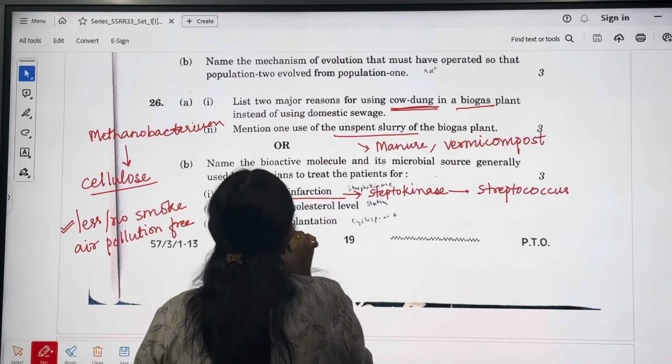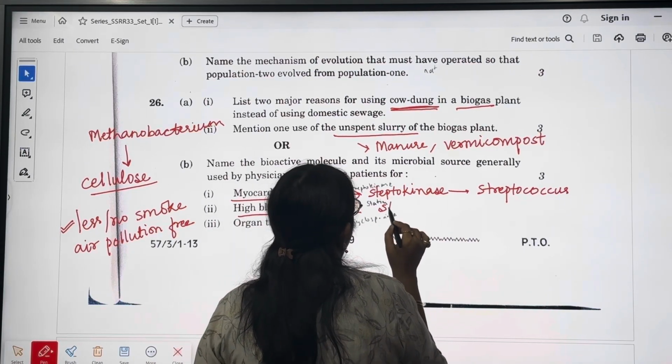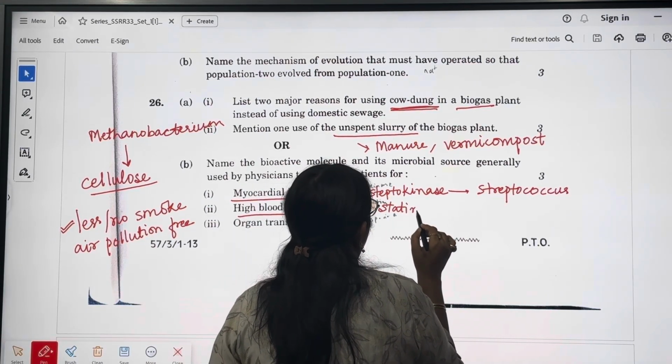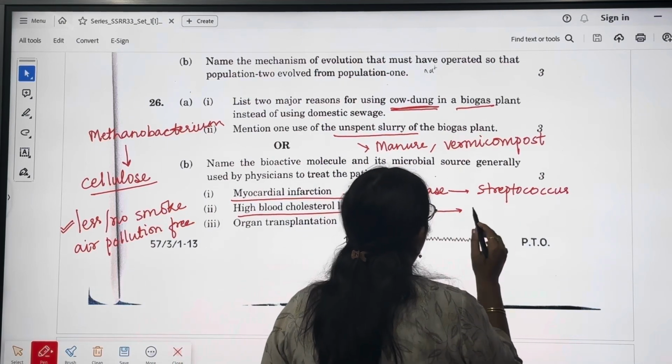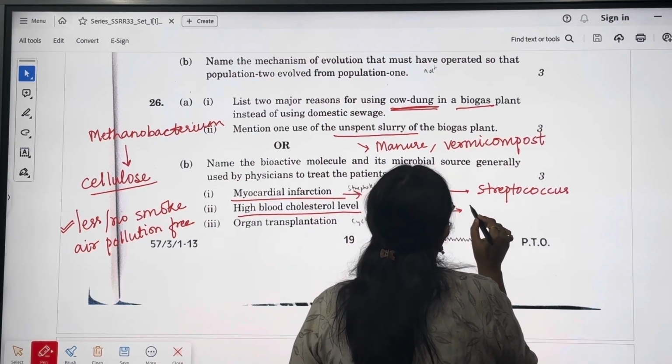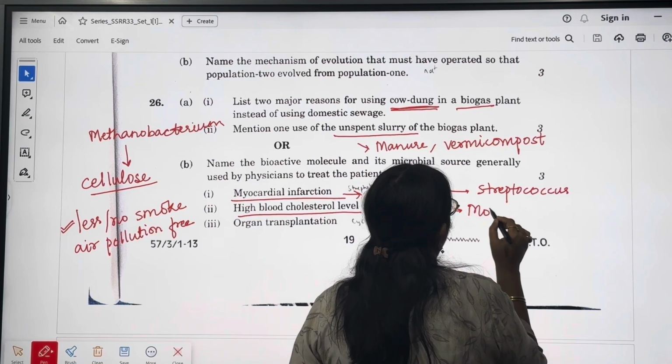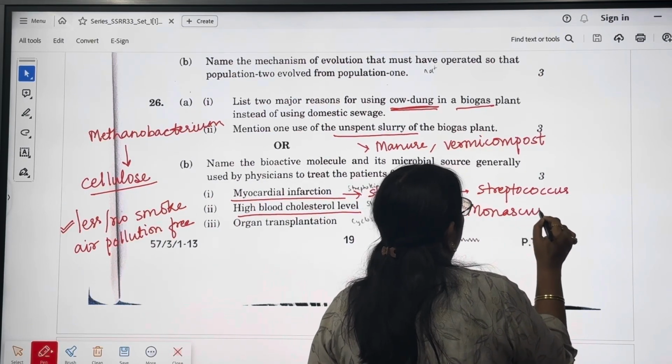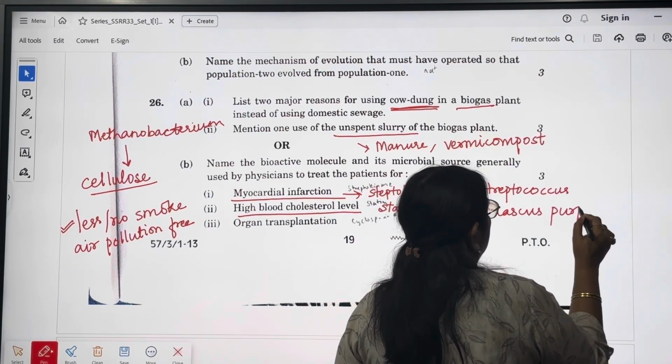For high blood cholesterol levels, statins are used, which are obtained from a fungus, Monascus purpureus.